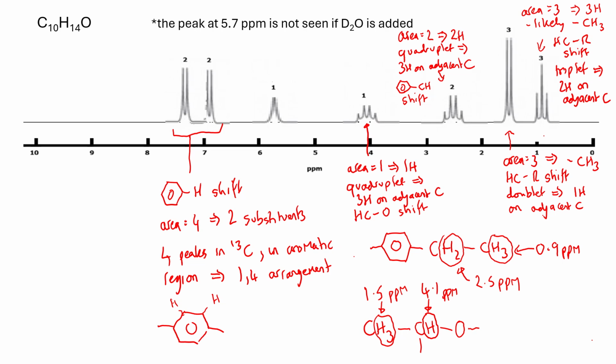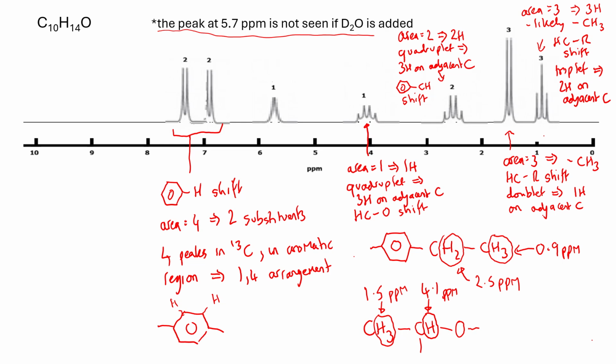And we know what that is because we've got this information at the top here, which we were given, which is that peak is not seen if D2O is added. And remember, that's the signature of an OH or potentially NH, but obviously in this case it must be an OH peak.